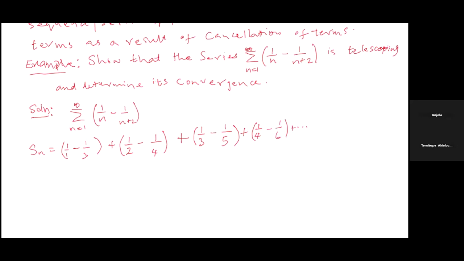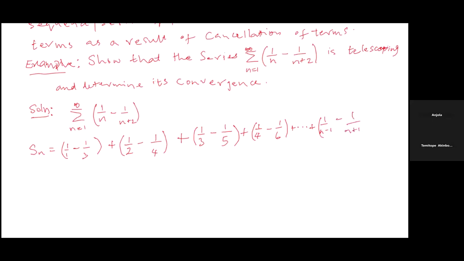That's the second to the last term. Am I communicating? Yes, sir. When n is n minus 1, I will substitute n minus 1 for n in 1 over n, so that will give me 1 over n minus 1, minus, substituting n minus 1 for n in 1 over n plus 2, that will give me 1 over n plus 1. Yes, sir.